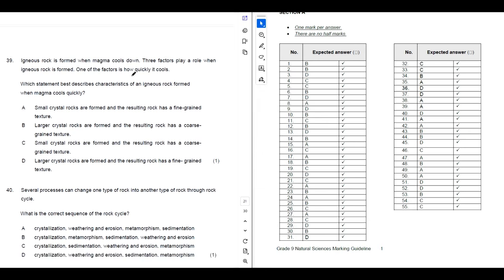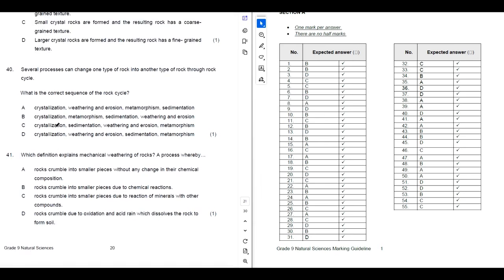And the question that we have here says, which statement best describes characteristics of an igneous rock formed when magma cools quickly? And we can see that our answer will be small crystal rocks are formed and the resulting rock has a fine grained texture. So our correct answer will be option A.